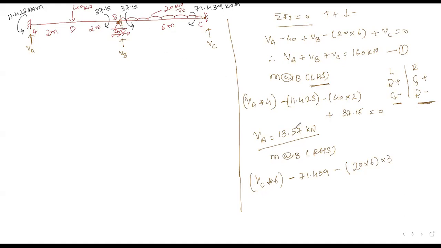And the anti-clockwise moment is plus. I hope it is clear. Plus 37.15, that should be equal to 0. Please tell me the value of VC.